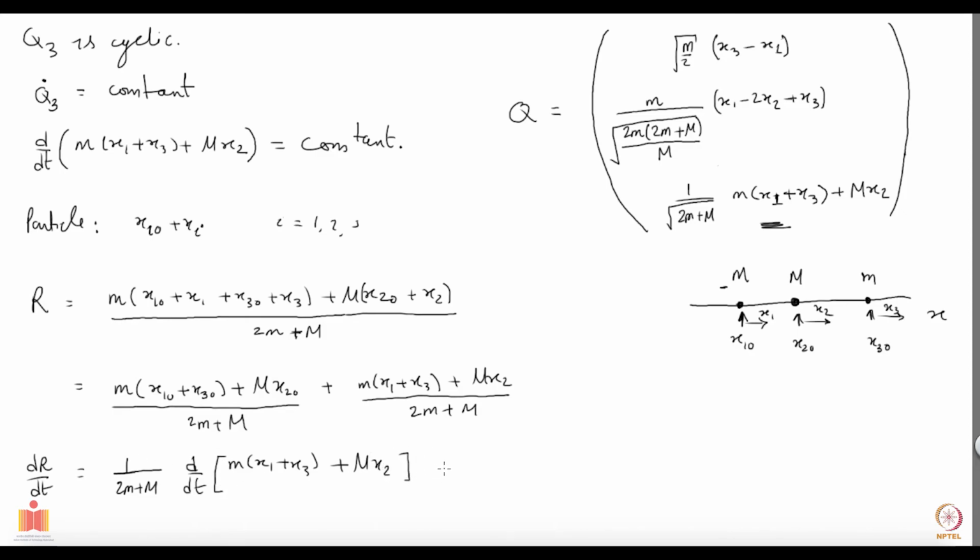This is a constant. Now I can choose that constant. It's up to me, right? So I choose that constant to be 0. So choose dR over dt to be 0. What it means is that the velocity of the center of mass is 0. So the center of mass stays put at one place. That's what this equation is saying.